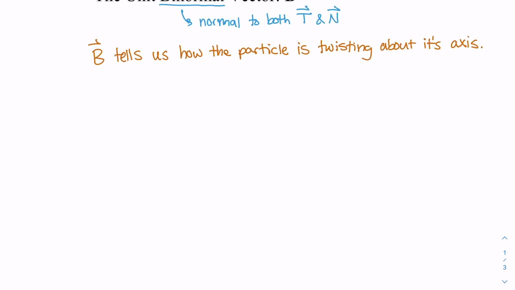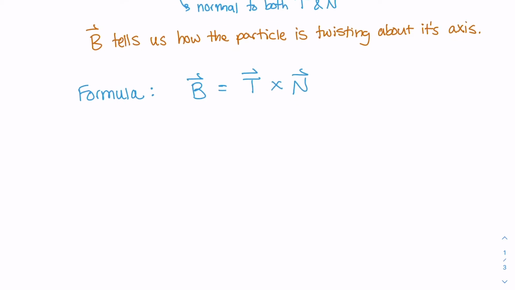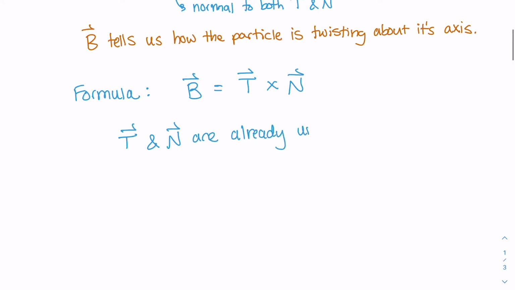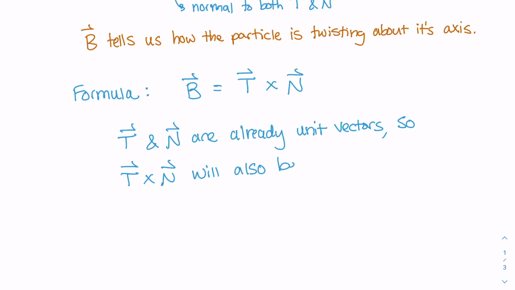So the formula for B, the unit binormal vector, is equal to T crossed with N. And we don't have to divide by the magnitude of T cross N, because T and N are already unit vectors, so T cross N will also be a unit vector.